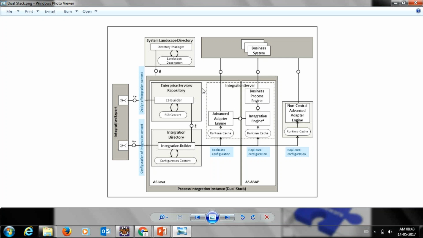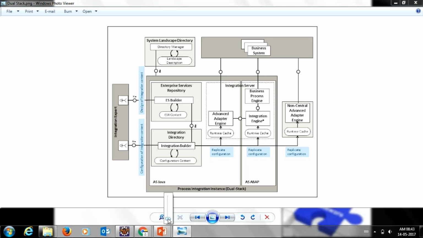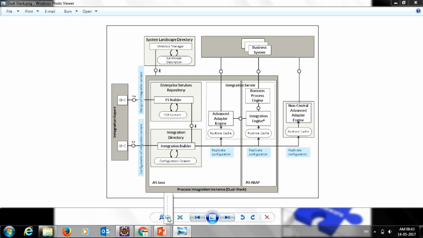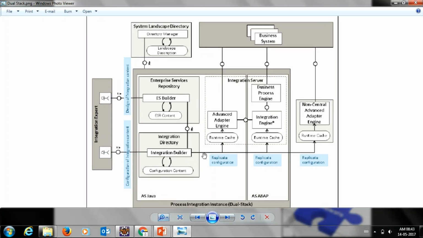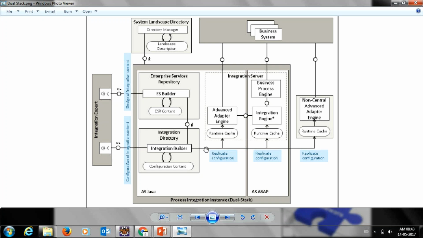Some functionalities were present on the Java stack and some on the ABAP stack, and both the platforms would interact with each other after completing their task. So this is the typical dual stack architecture of XI/PI. PXI, I would say, is the older version, so I will call it XI.